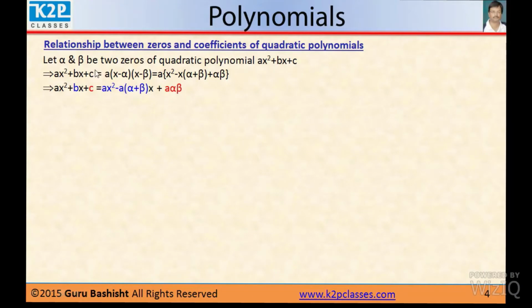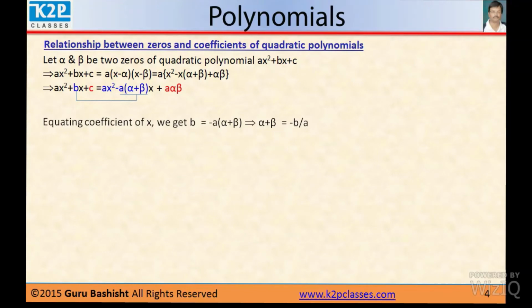So ax square plus bx plus c can be written as a(x minus alpha)(x minus beta), that is a[x square minus x(alpha plus beta) plus alpha into beta]. That means the expression can be written as a[x square minus (alpha plus beta)x plus alpha into beta].